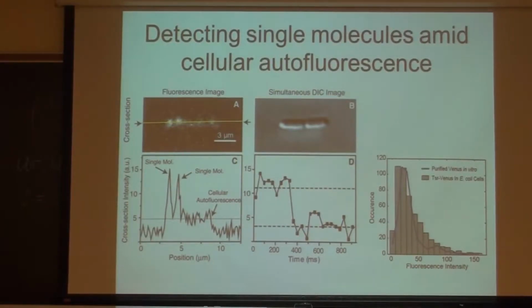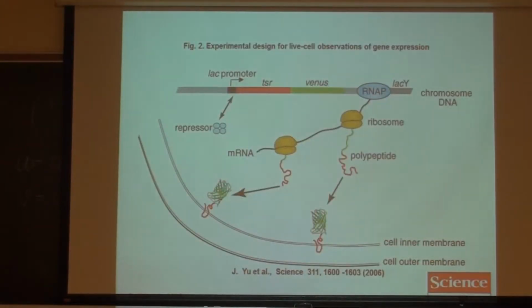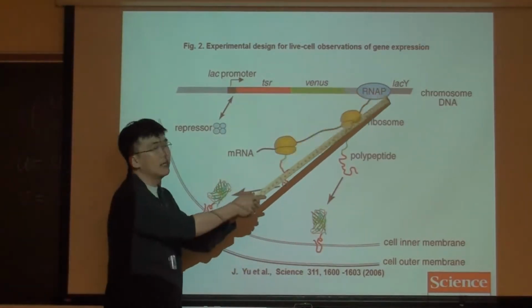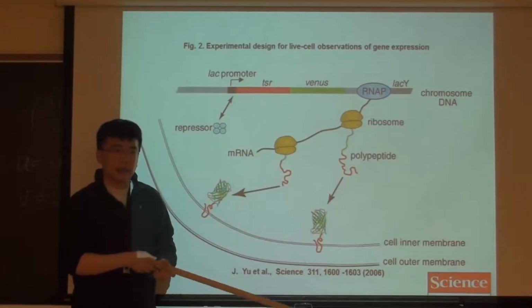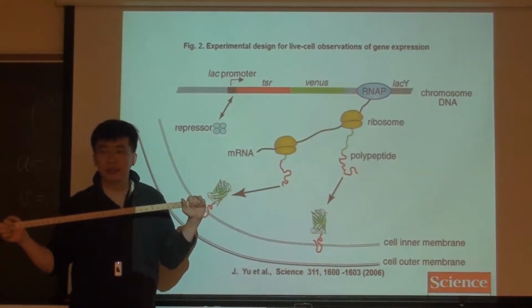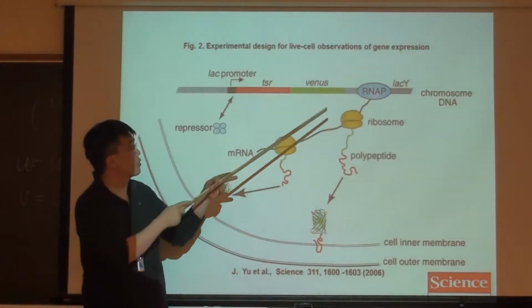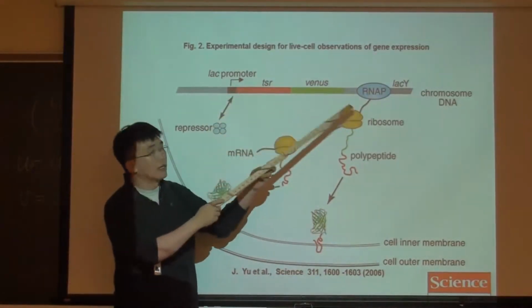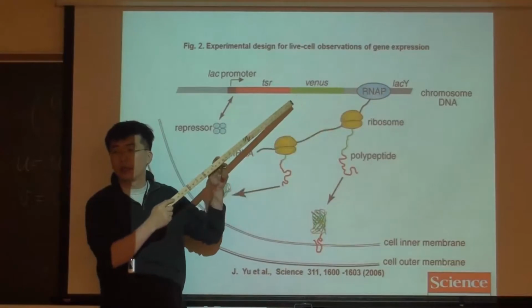Why did they have LacY after? Oh, so there was nothing special about this. LacY is a lactose transporter. Okay, so that is a natural part of that lac operon that is found in E. coli.